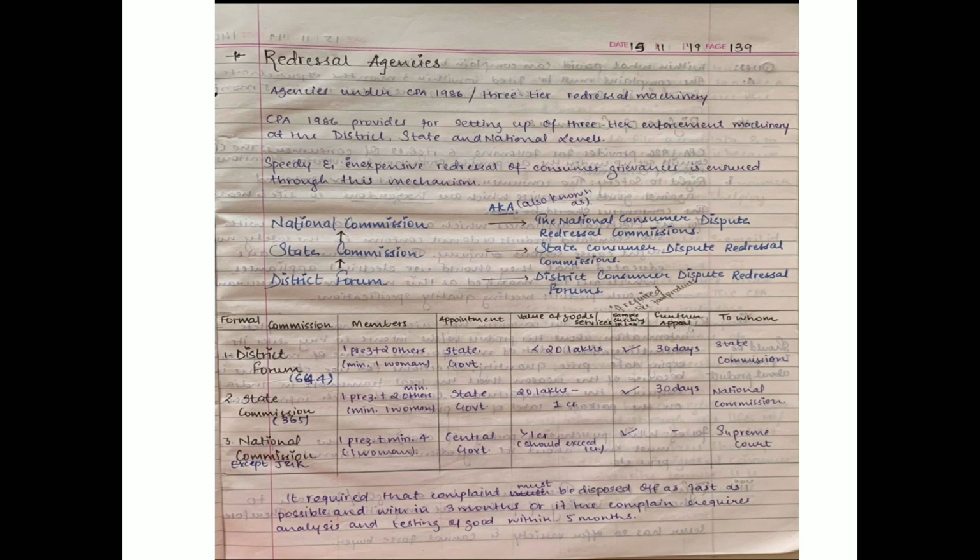Now the second one is the State Commission. State and district are almost similar, but in the State Commission there is one president, of course this is also the same, and minimum 2 members.